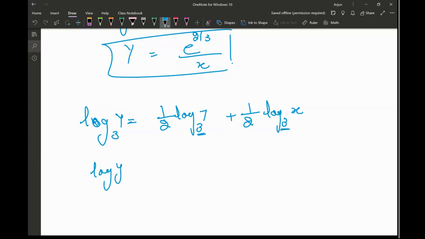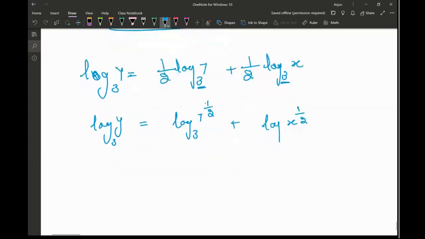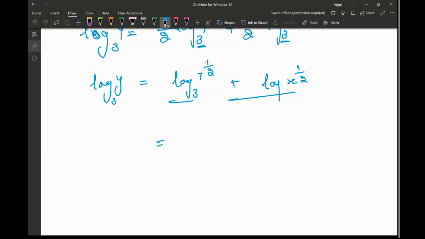I can write it as log y base 3 equal to log of 7 to the power 1 over 2 plus log of x to the power of 1 over 2, and then log a plus log b is log of a times b.